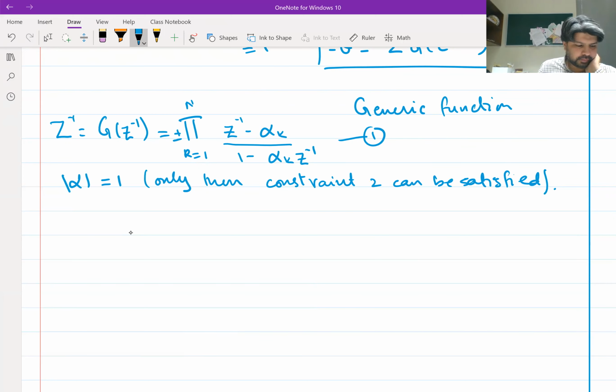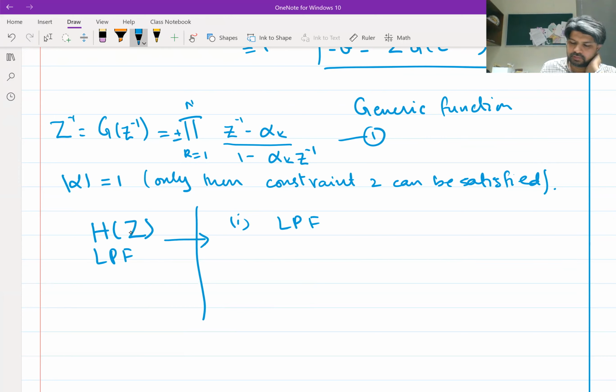Okay. So now let's look at low pass to low pass transformation. You have this h of z, a low pass filter, and you would transform it to a low pass filter that would have a different omega p.